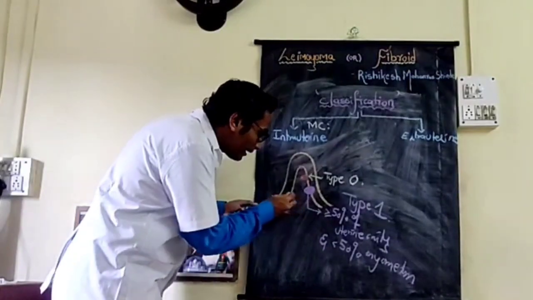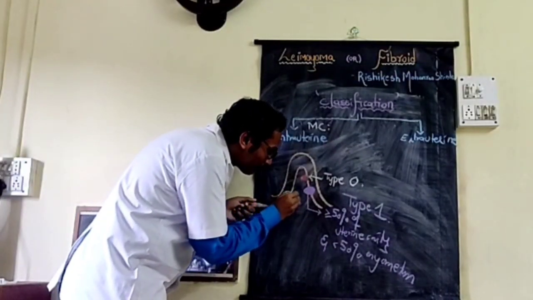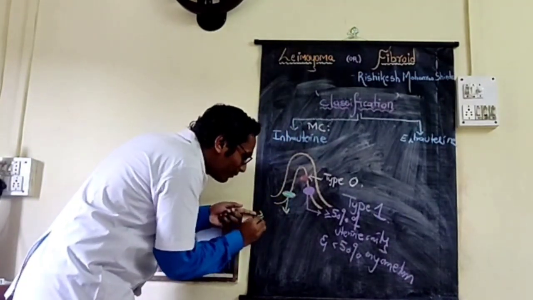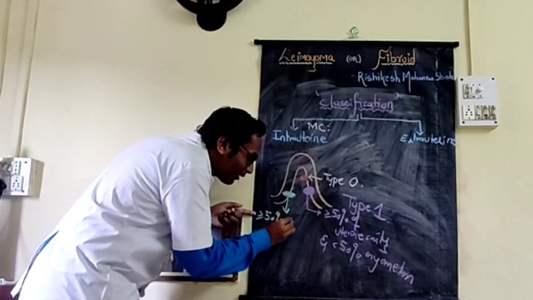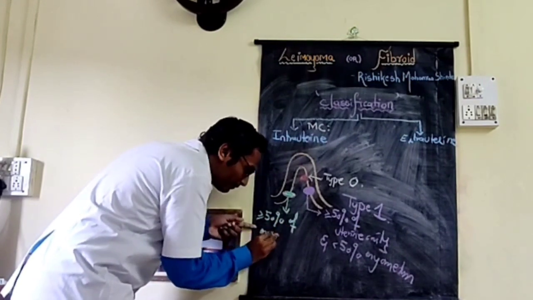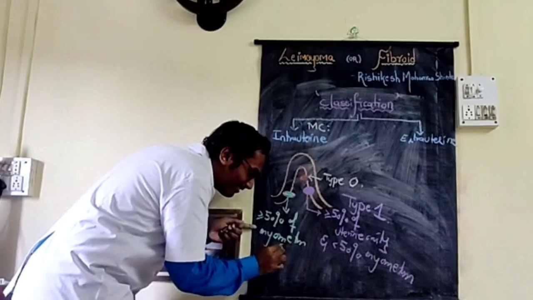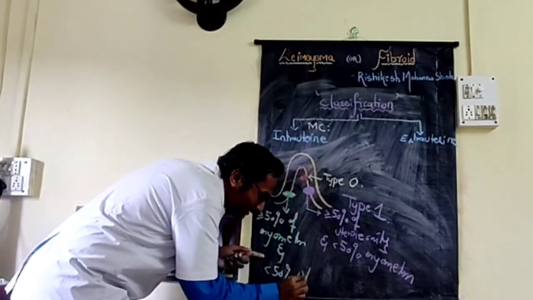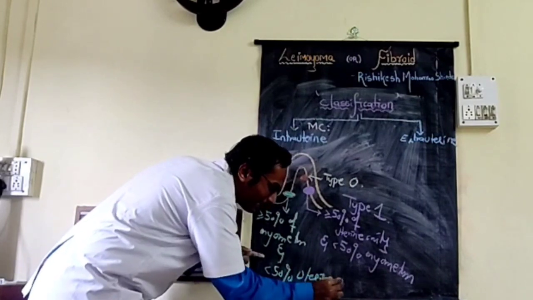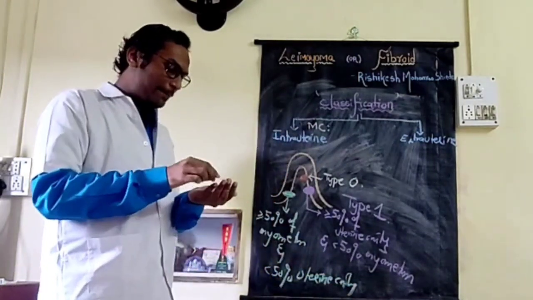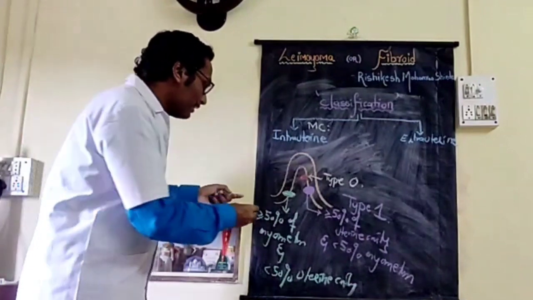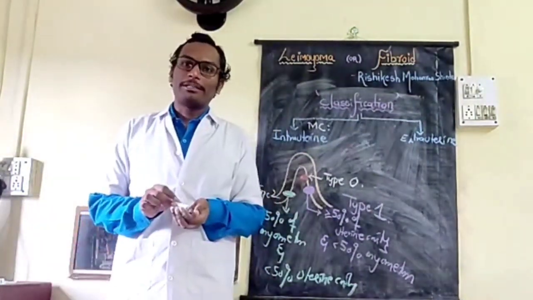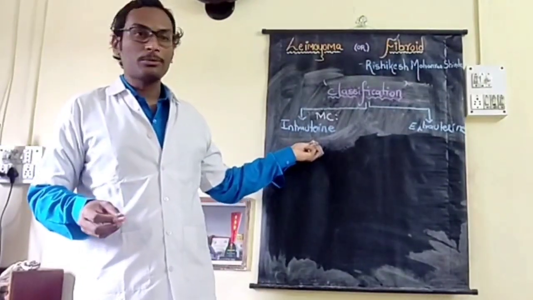When the fibroid involves more than or equal to 50% of the myometrium and less than 50% of the uterine cavity, this type of fibroid is called type 2 submucous fibroid.